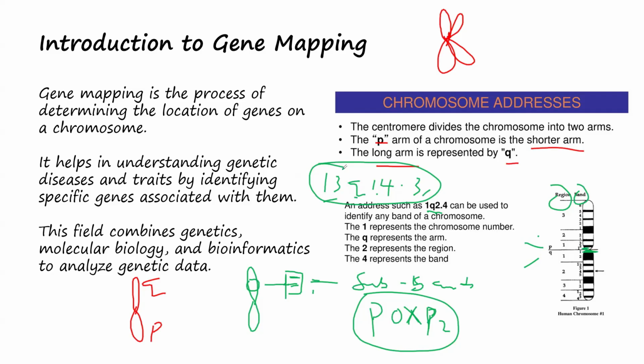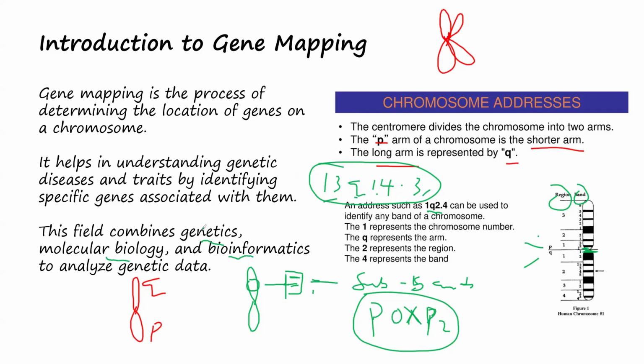So it's a process of identifying or determining the location of the genes, and it actually helps in understanding the diseases as well as the traits or characters that are associated with particular genes. So this field of mapping is an area that combines genetics, molecular biology, and bioinformatics to analyze genetic data.